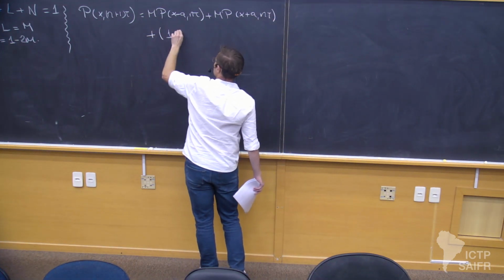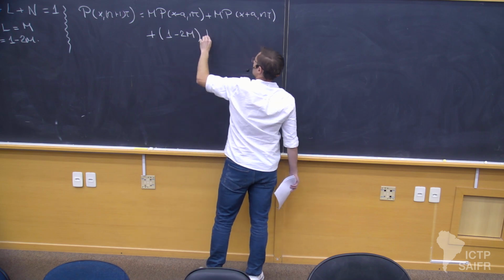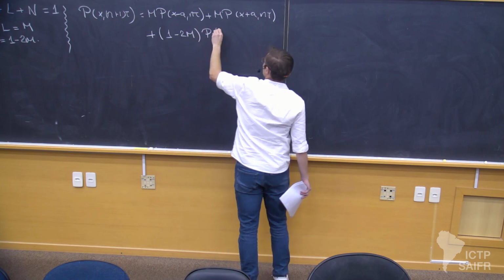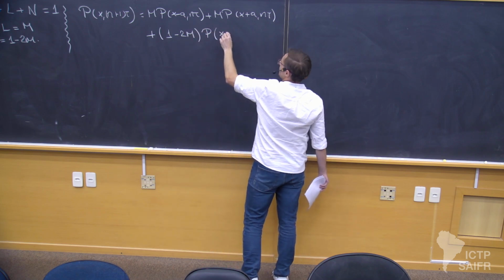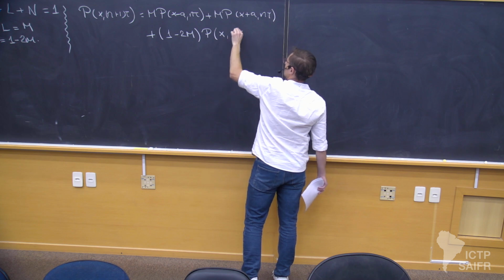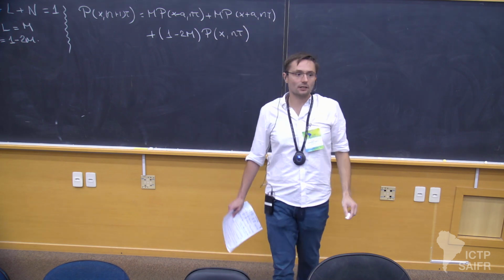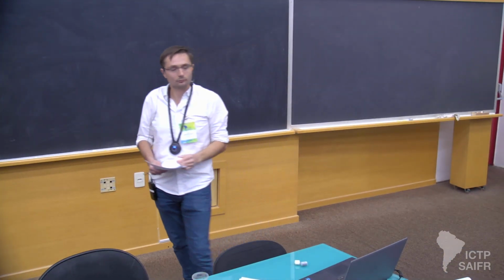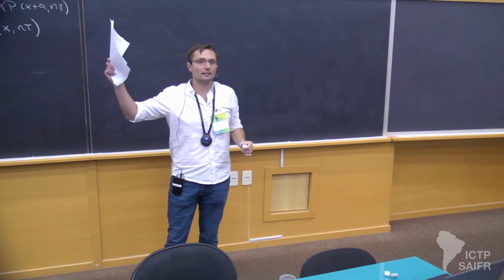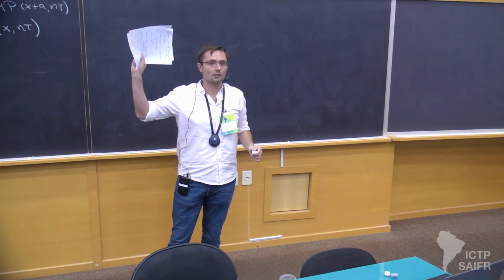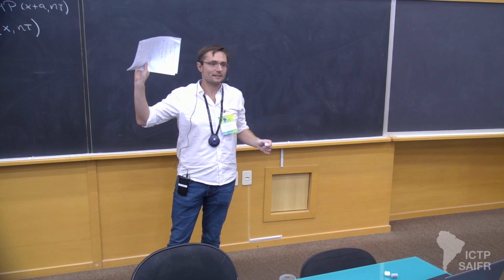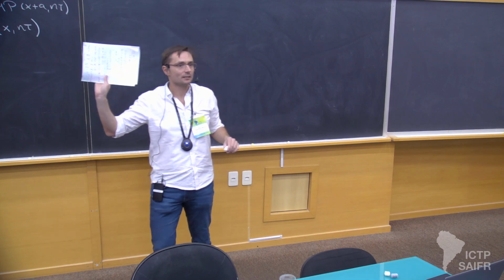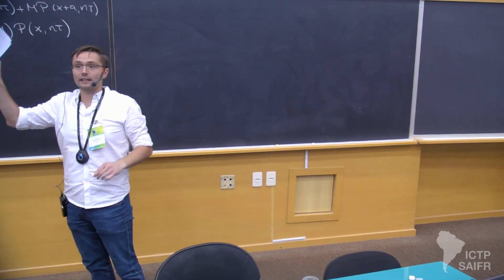And now I have this new term that basically accounts for situations in which the particle is already at location x and doesn't jump at all. Okay? By the way, I will share with you my handwritten notes. If you are able to get something from them, that's why I'm sticking to the notation I have here, okay?